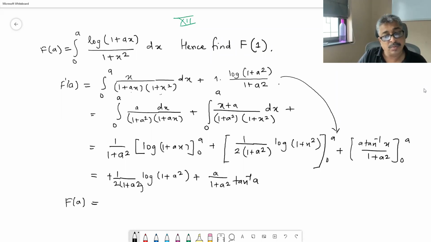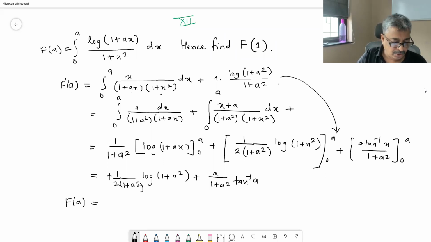Now you have two functions here. 1 upon (1 plus a square) is one function, and a log(1 plus a square) is another function. LIATE.